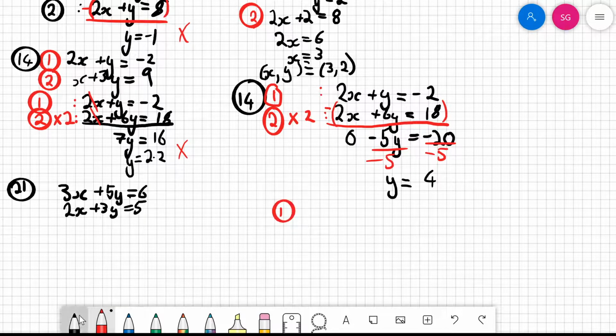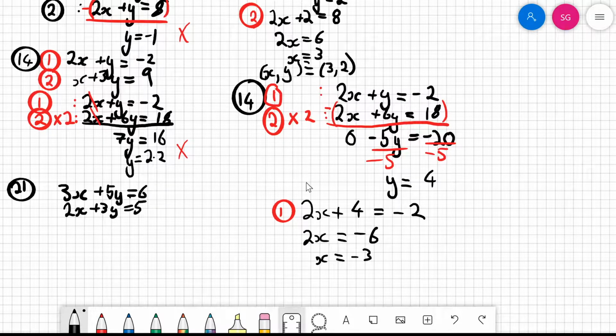And we're going to get 2x plus y, which is 4. So plus 4 equals minus 2. So 2x equals minus 6. So we're subtracting 4 from both sides. So x equals minus 3. Fantastic. And now we've got our final answer.